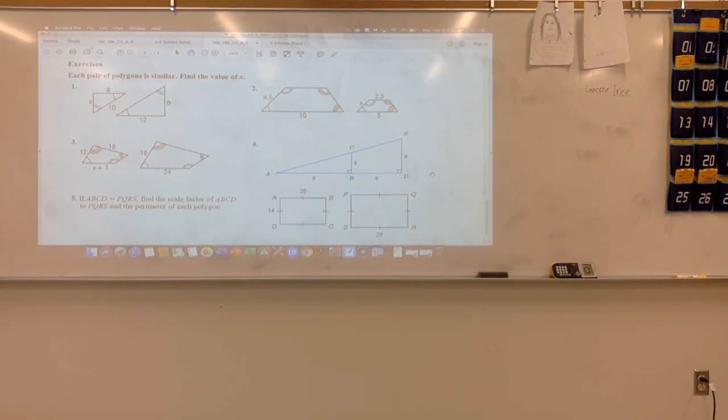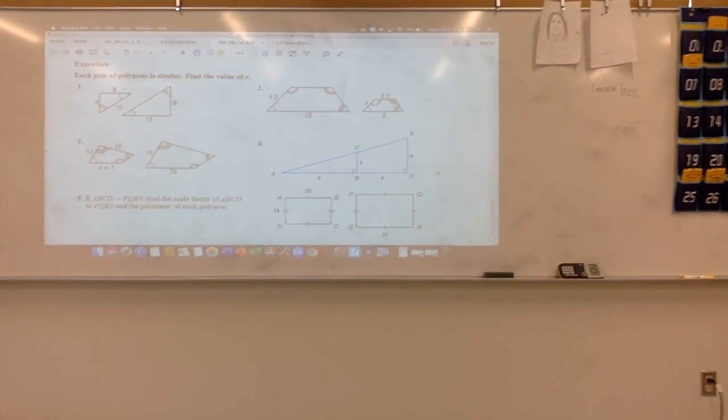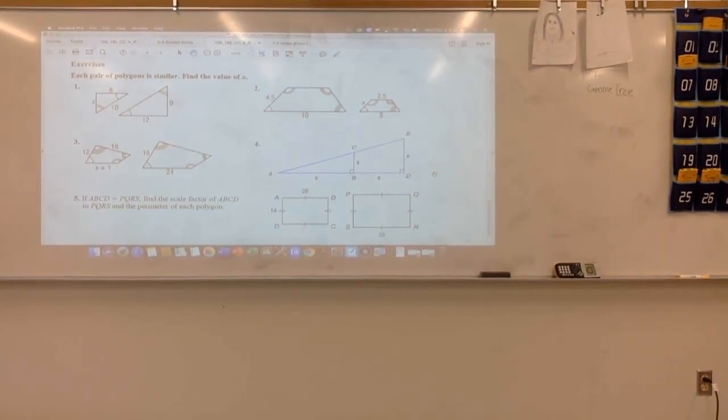Is this 10? Or is it 1? That doesn't even matter. You're just trying to find that. This side is 13. 12 to 8. It's 3, 2. Yeah, but that would be too easy, wouldn't it?